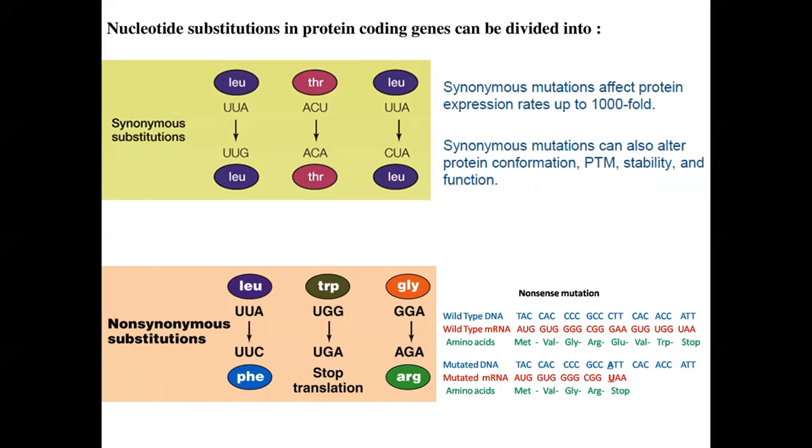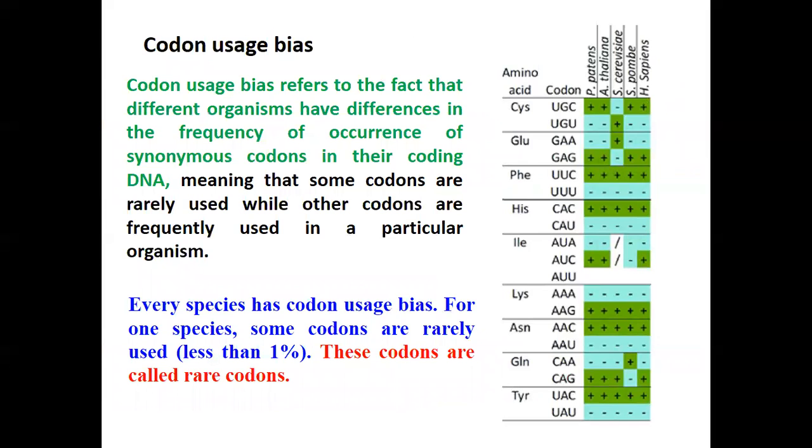This is the result of evolution over a longer period of time, so different organisms have developed different preferences for different codons.